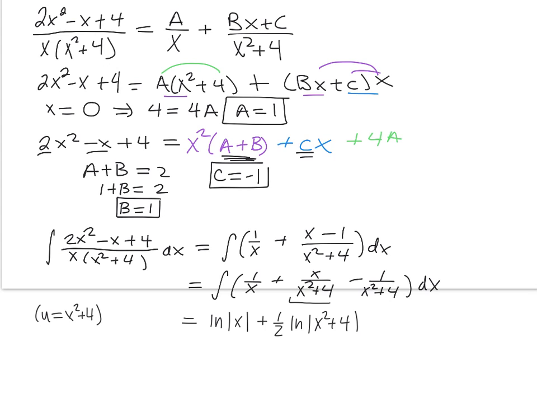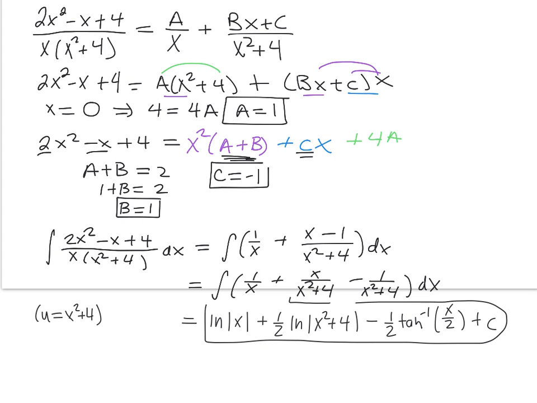And then the last term, that's that arctan formula that maybe your Calculus 1 book didn't go over super well, but we went over recently. So this would be -1/2 tan inverse x over 2. And that tends to happen a fair amount with irreducible quadratics, so it's probably good to be familiar with that formula.